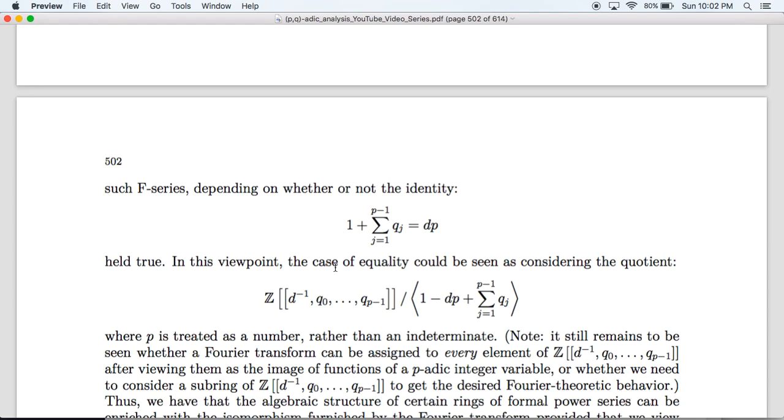So in this viewpoint, the case of equality could be seen as considering this quotient, where p is treated as a number here rather than an indeterminate. Note, it remains to be seen whether a Fourier transform can be assigned to every element of such a power series space, after viewing them as the image of functions of a p-adic integer variable, or whether we need to consider a subring with conditions on the coefficients in order to get the desired Fourier-theoretic behavior.